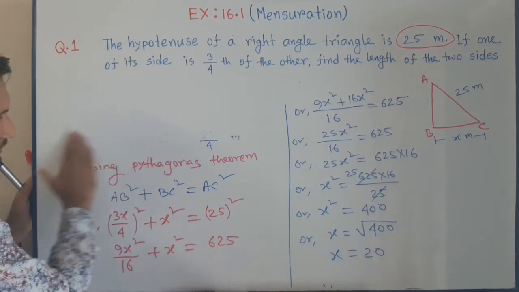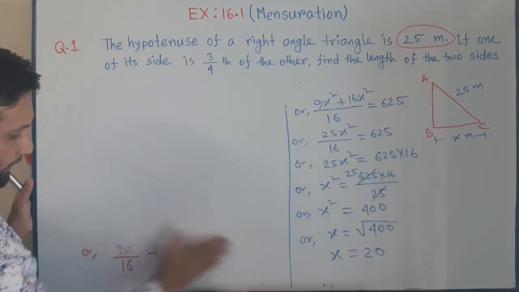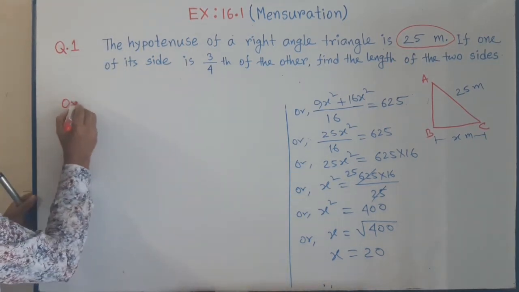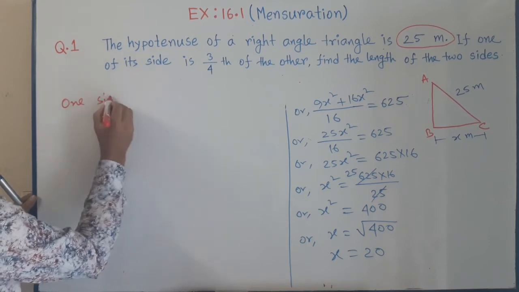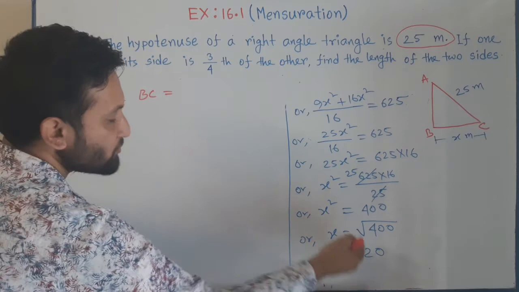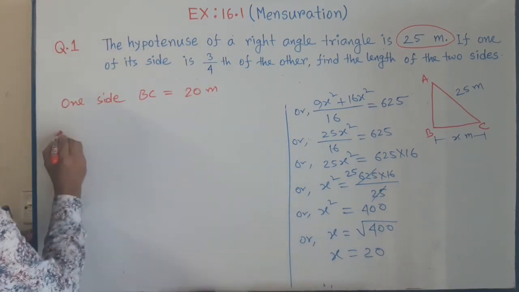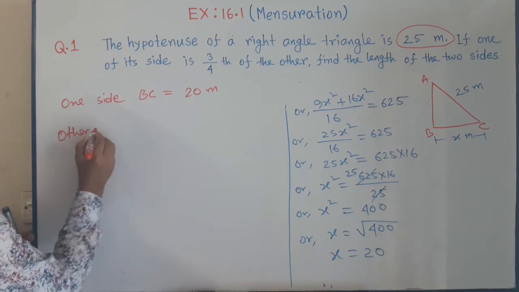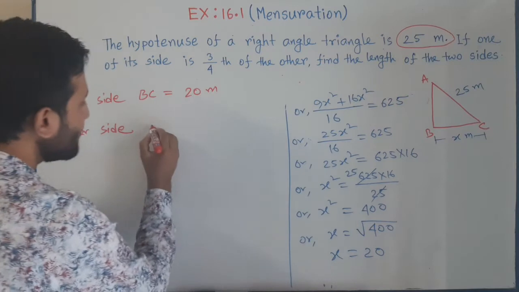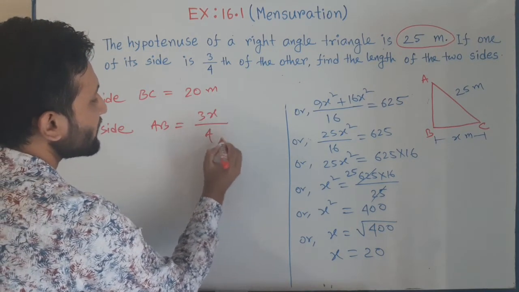Next part. Here, we can say that one side of this right angle triangle, BC, equals x, that means BC equals 20 meter. And the other side, AB, equals 3x by 4 meter.